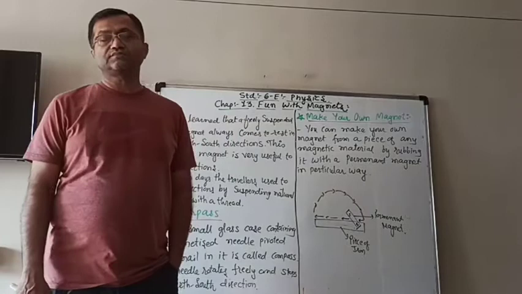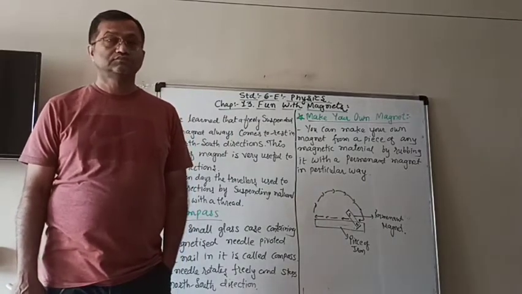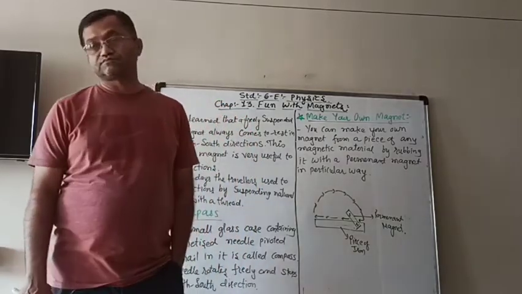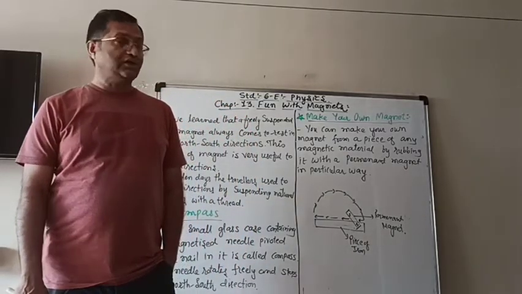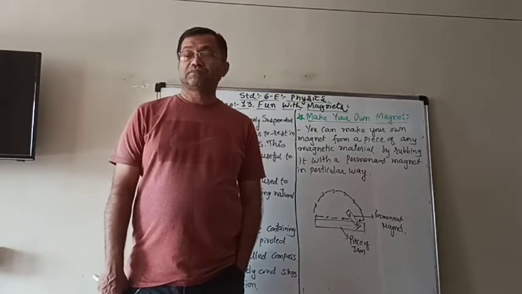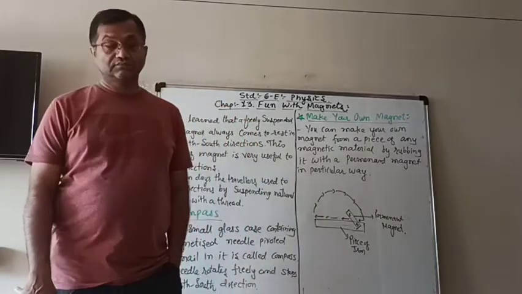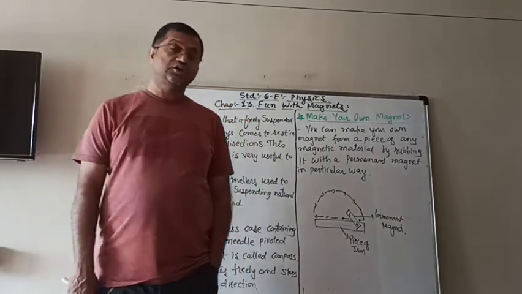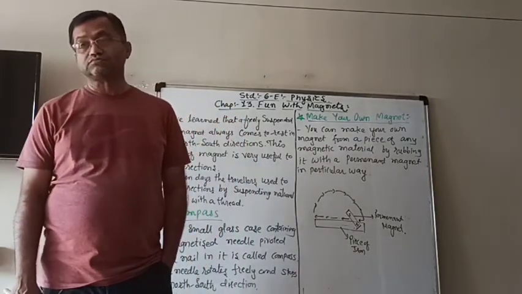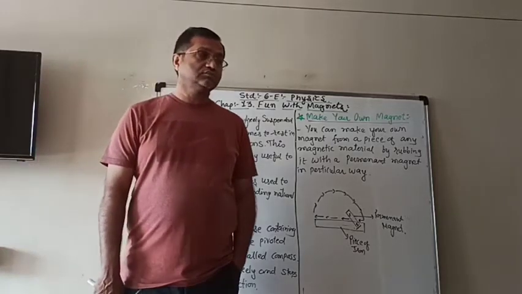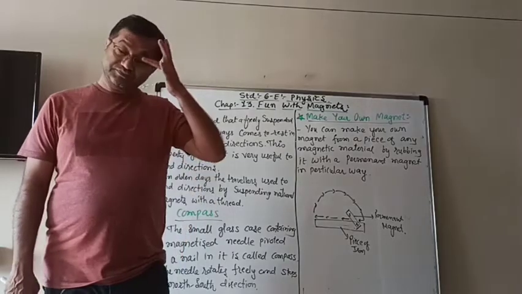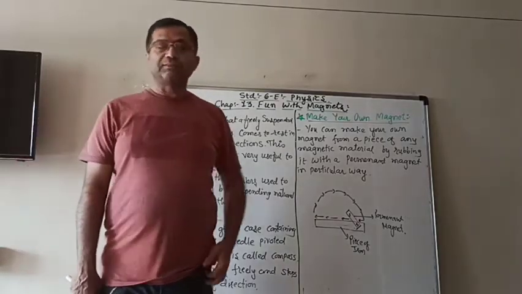In this chapter we saw how magnets were found for the first time. Then we saw that the magnets which occur naturally are known as natural magnets, and those we can make from a piece of iron are called artificial magnets.